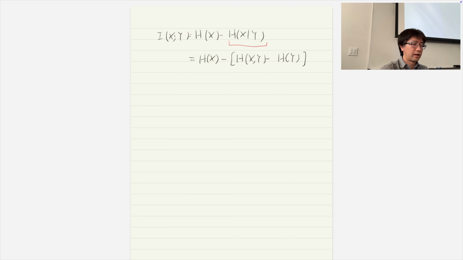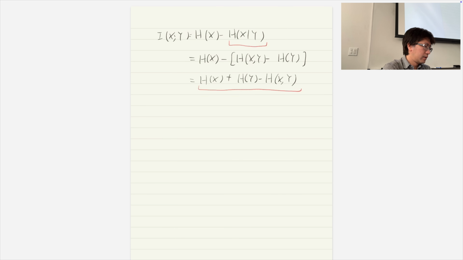And then if we remove this parenthesis, what we get is H(X) plus H(Y) minus H(X,Y). Obviously, this is a very important formula.